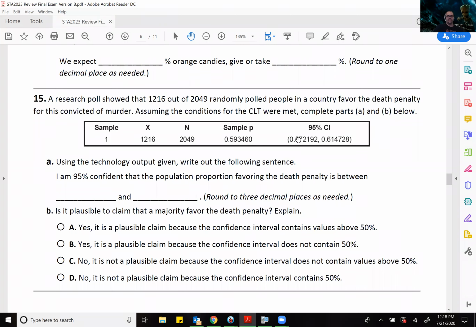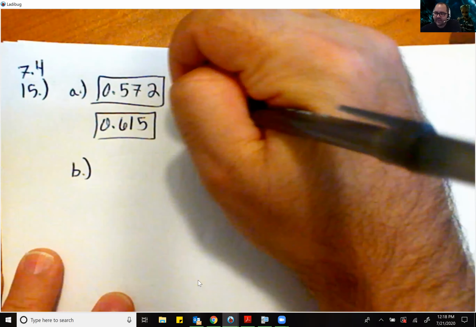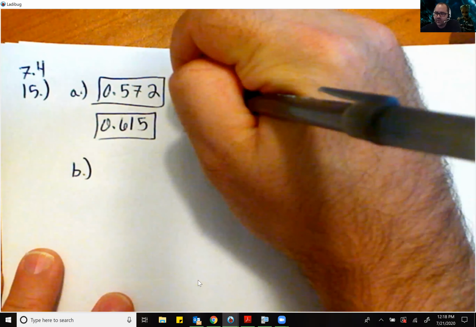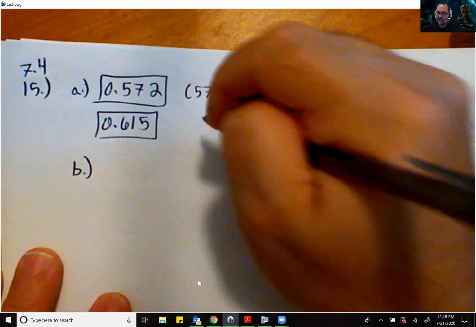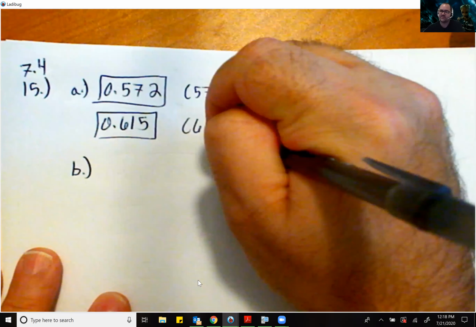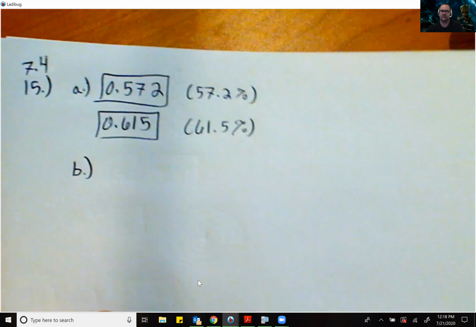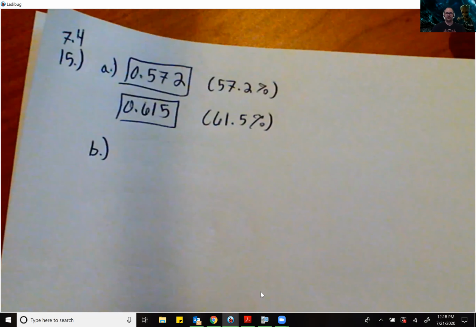So if we look at this interval that we have right here, remember that those are percentages. So this guy is like 57.2%. This guy is like 61.5%. Okay? So is it plausible that a majority favor the death penalty?